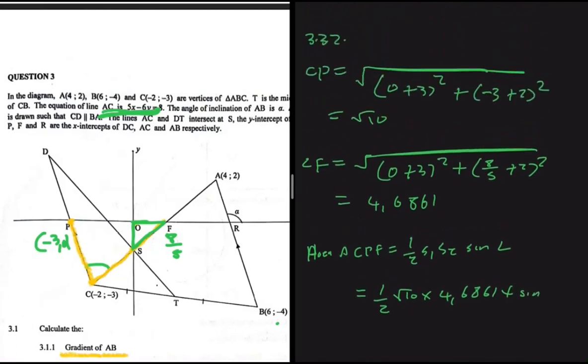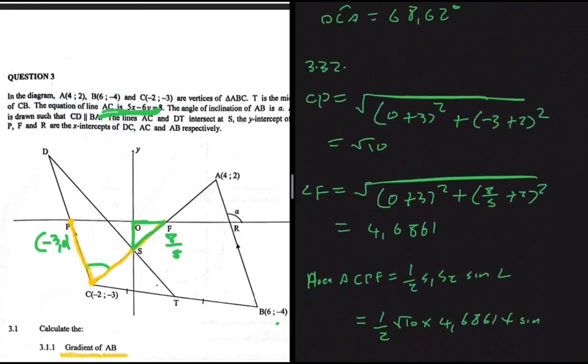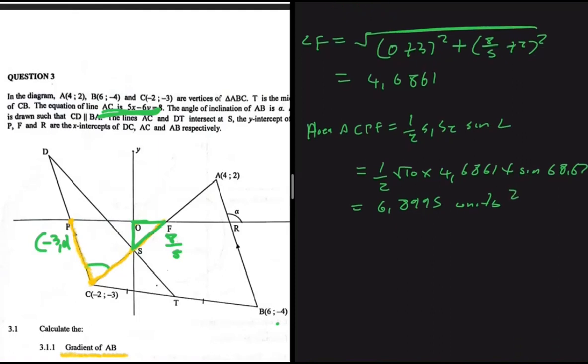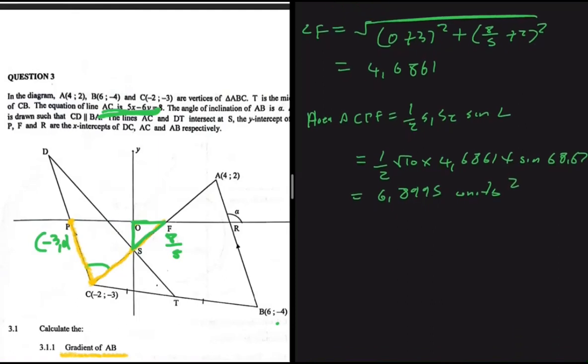We said that angle is equal to 68.62, and that should be equal to 6.8995 units squared, right? So now we can calculate the area of triangle OCF and subtract it from triangle PFC to find the area of OSCP.